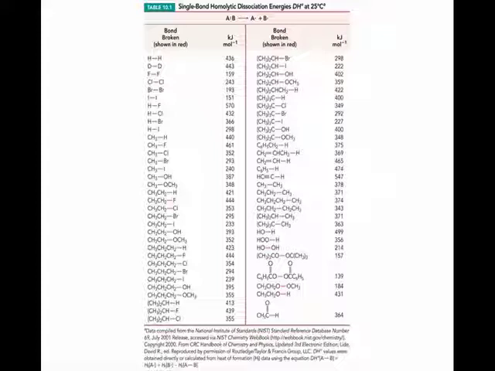So halogens, X2s, typically have lower bond dissociation enthalpies. That's good. What else can you tell me? Well, if you look at it, just normal alkanes have fairly high bond dissociation enthalpies. Alkyl halides, the carbon-halogen bond is relatively low compared to some of the others.